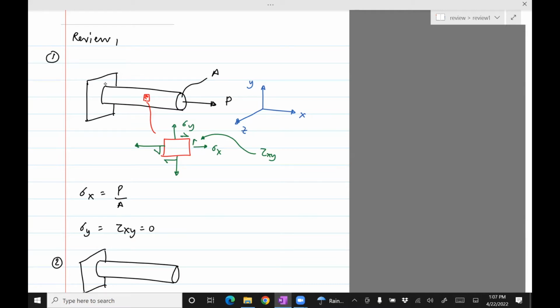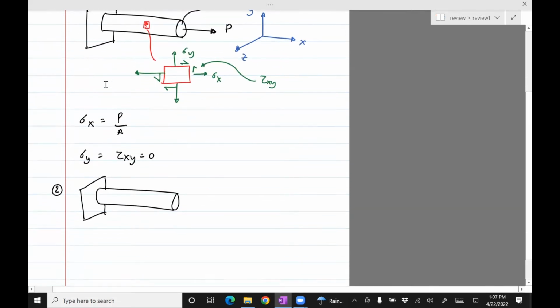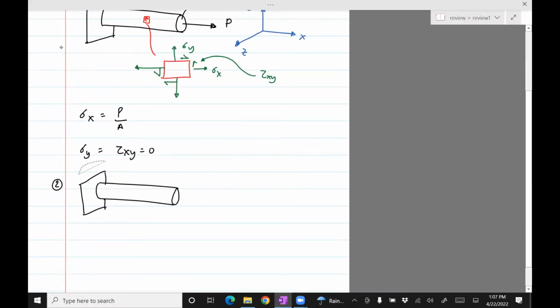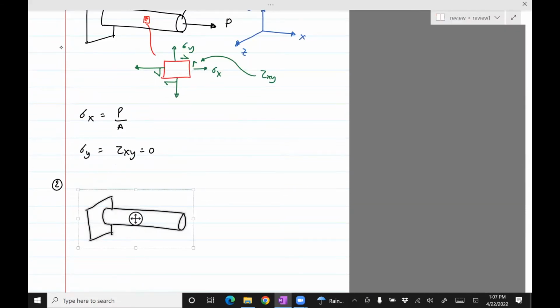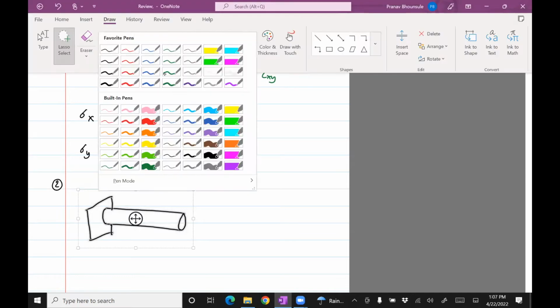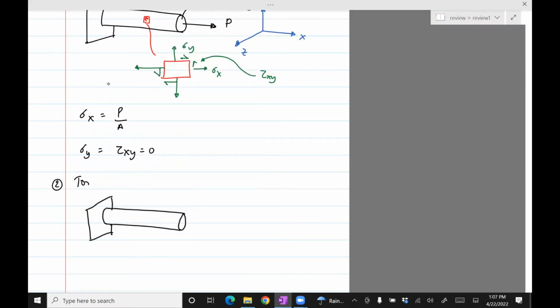First one is axial loading. Torsional loading.